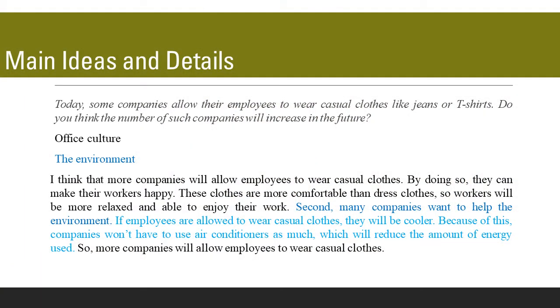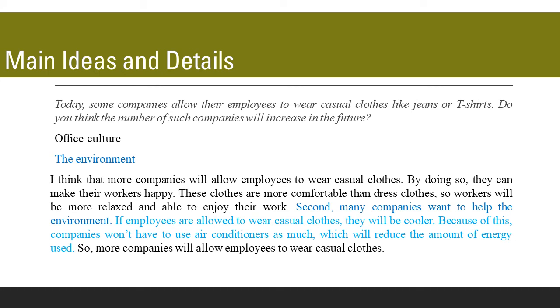Here's what it says. If employees are allowed to wear casual clothes, they will be cooler. Because of this, companies won't have to use air conditioners as much, which will reduce the amount of energy used. So more companies will allow employees to wear casual clothes.